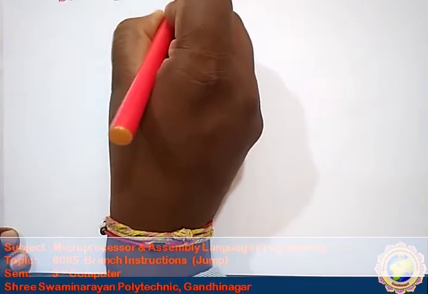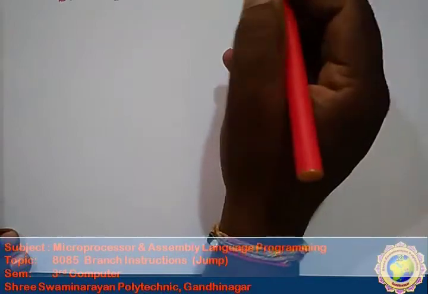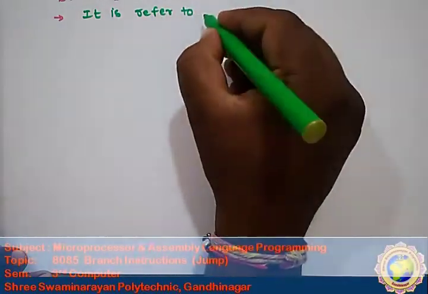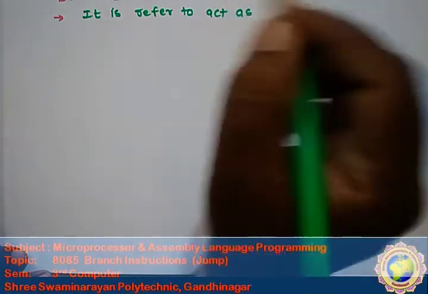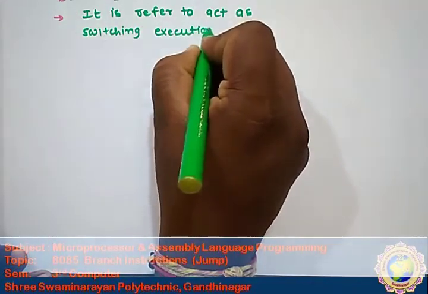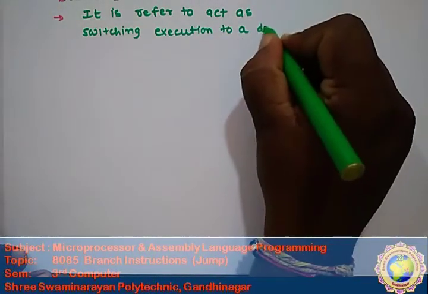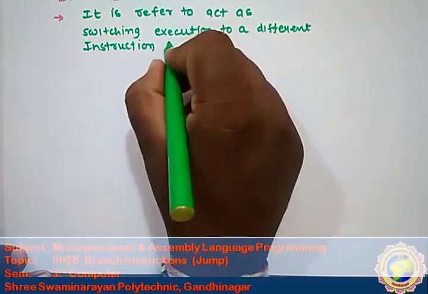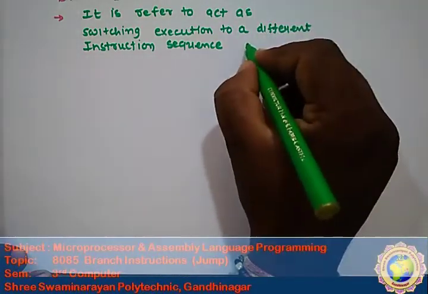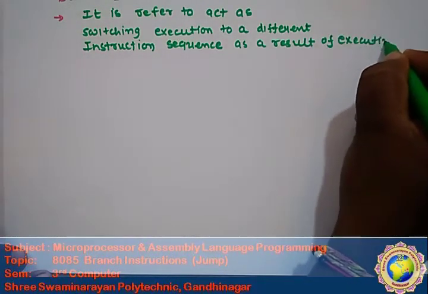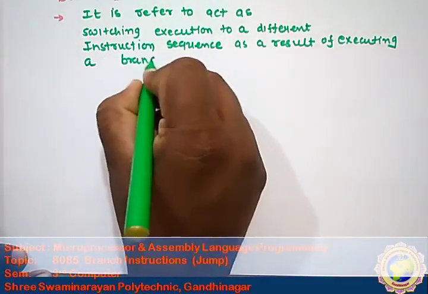Branch instructions in 8085 act as switching the execution to a different instruction sequence as a result of executing a branch instruction.